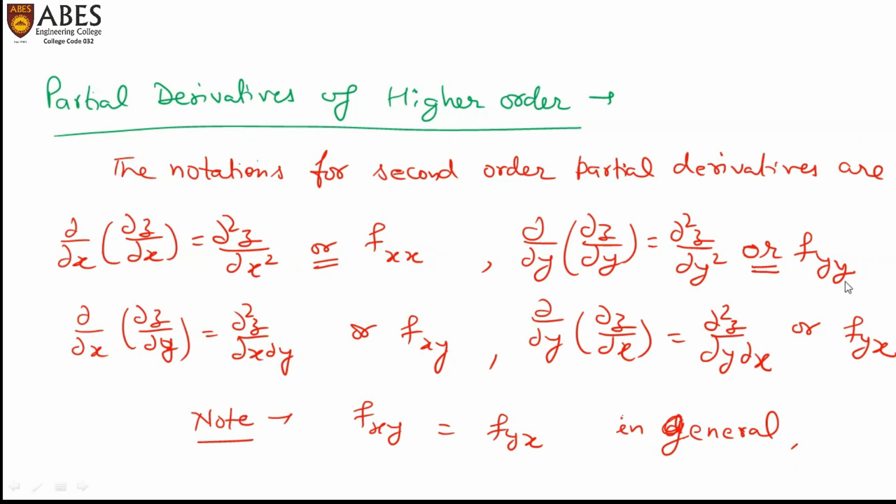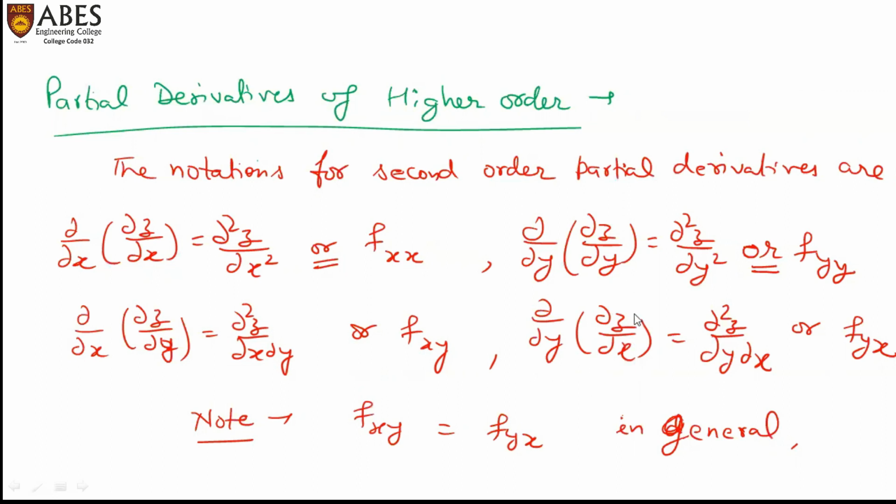or you can say f_yy. Similarly, if we differentiate del z upon del y with respect to x again, that is del upon del x of del z upon del y, it will be denoted by del 2z by del x del y, or f_xy.